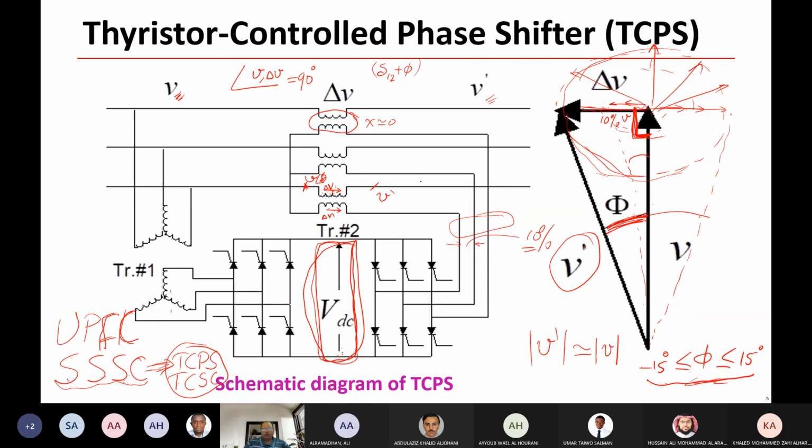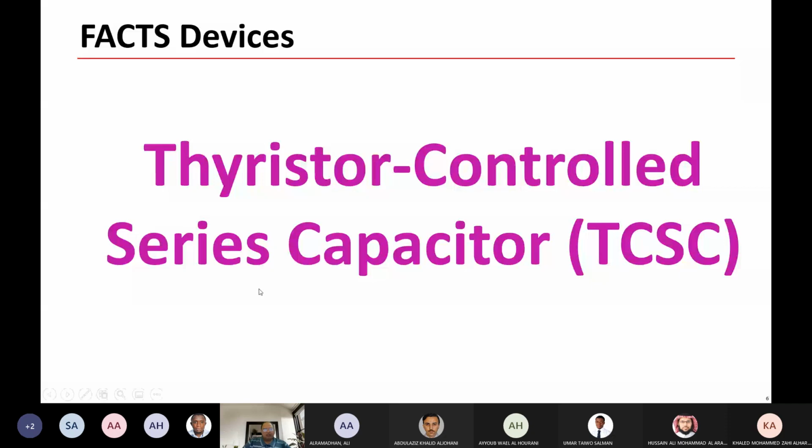Okay? So you are controlling now the phase angle or the power angle difference between 1 and 2. So you can play with the power transfer. So this is the first type of the FACTS device.